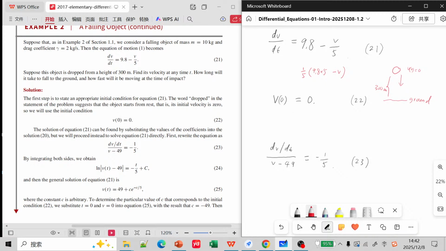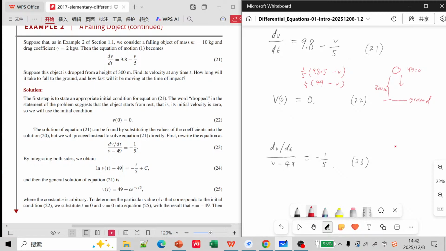Anyway, we can do this transformation or factoring. And then we just directly write the result of this term. 9.8 times 5 is 49. So it will become this expression.